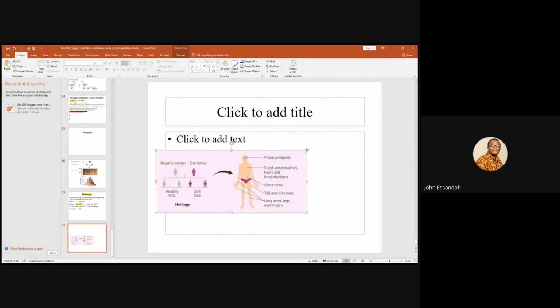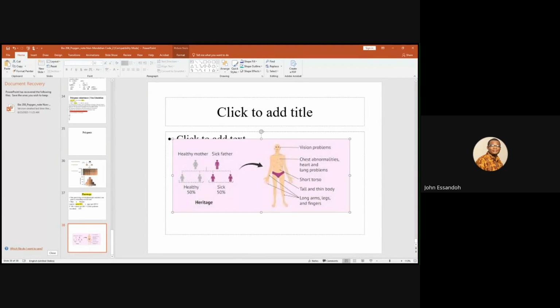The picture is not that clear. Any clear picture? I'm not getting a very clear picture here. Marfan syndrome is just one genetic disorder. Let's see what is going to happen to the child.